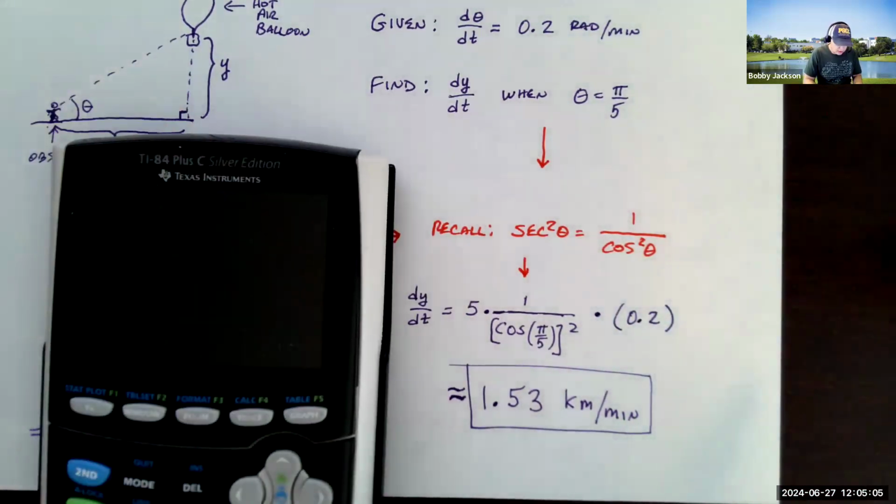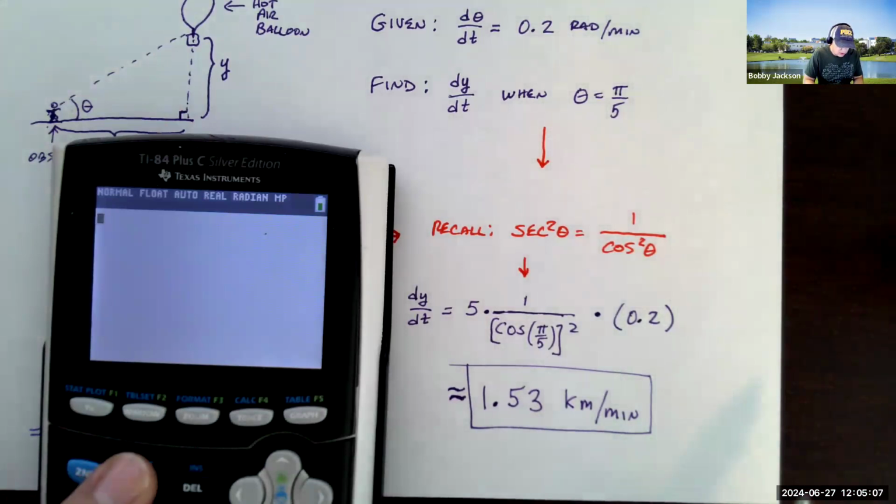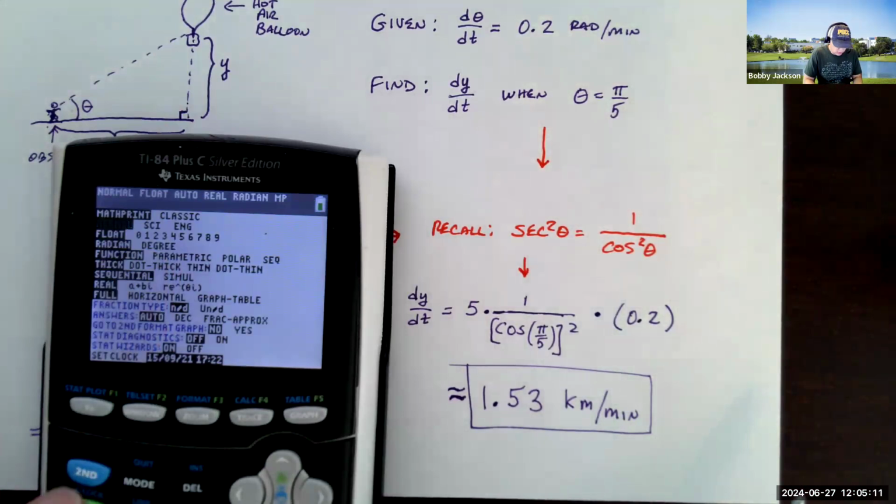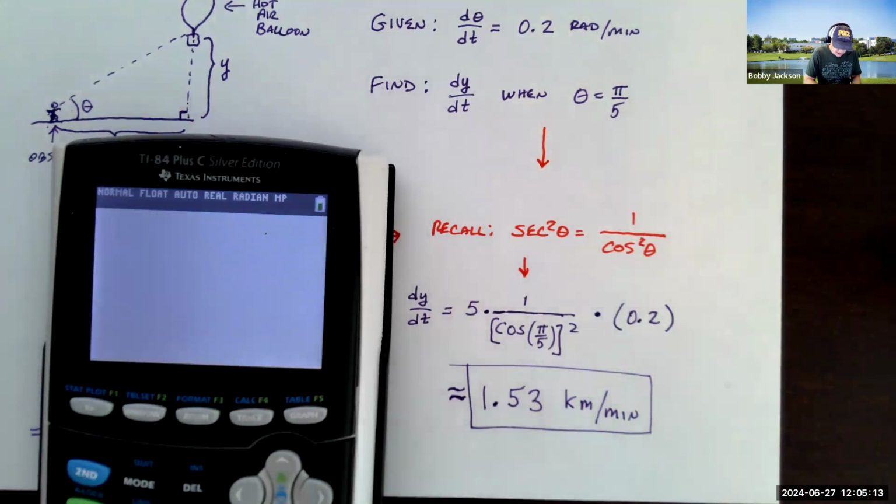So on the calculator, I would make sure that you are in radian mode, right? Not degree mode. That's important. And then I would just do 1 divided by, in parentheses, cosine pi divided by 5. And then I'm going to square that quantity.